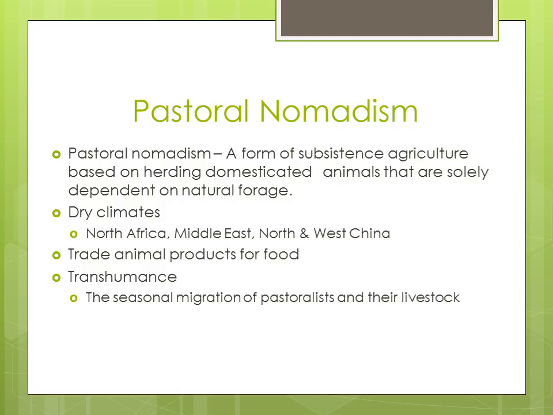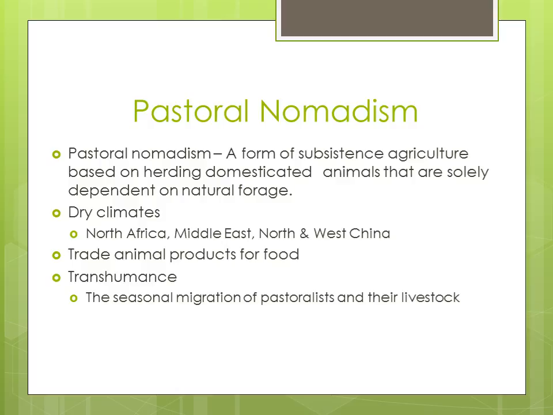Now, one of the biggest misconceptions associated with nomadic pastoralism is that the nomads are eating the animals. But the problem is, if you eat the animals, then there's nothing to use for the future.